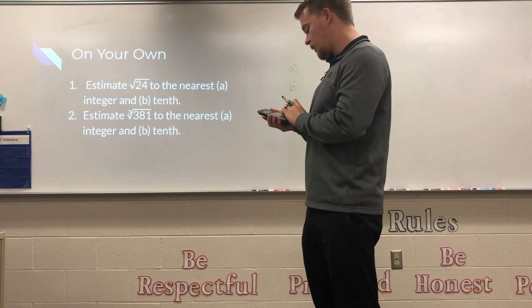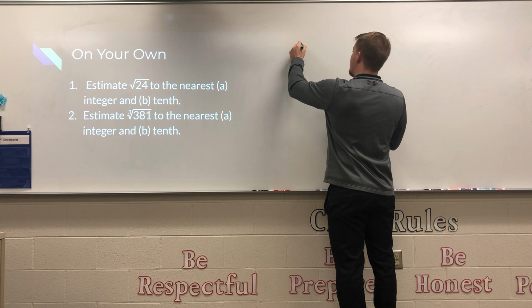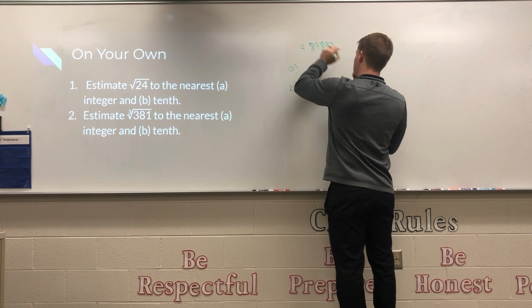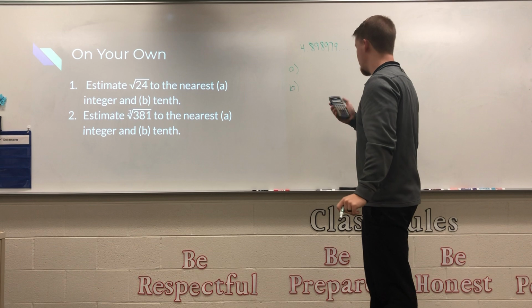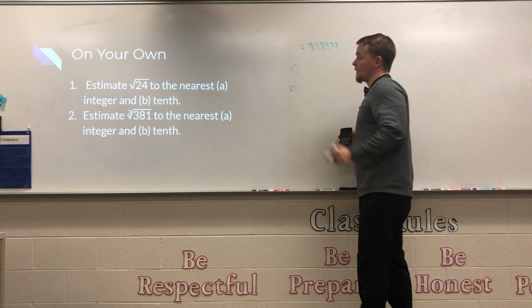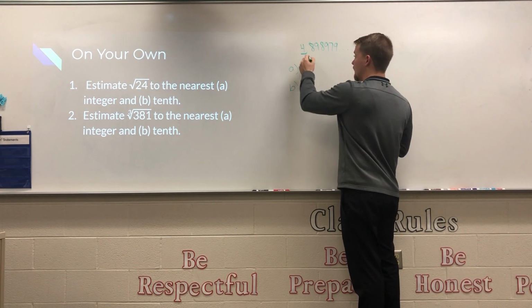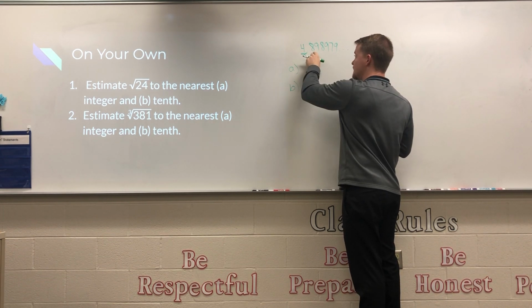So this first one, square root of 24. When I type that in my calculator, I get 4.89897. Okay? So if I'm rounding to the nearest integer, here's my integer spot, and I look at the number behind it. 4.8, that 8 is 5 or higher, so it tells me to go up.